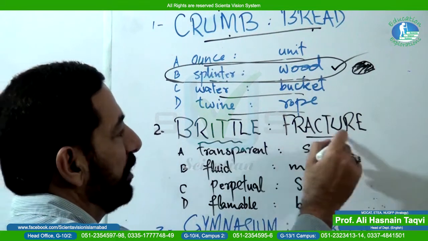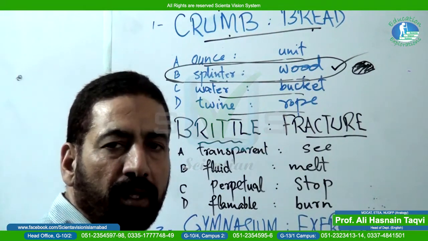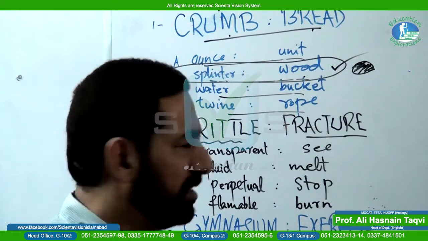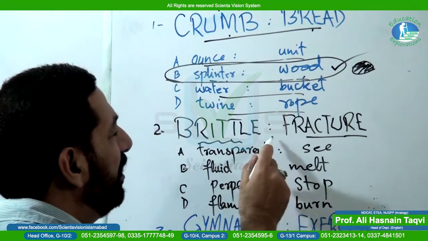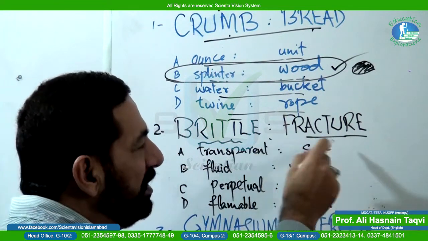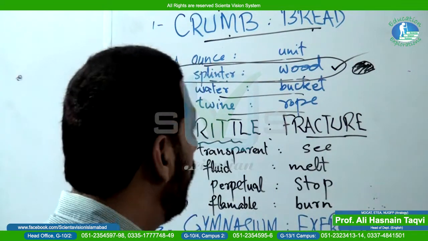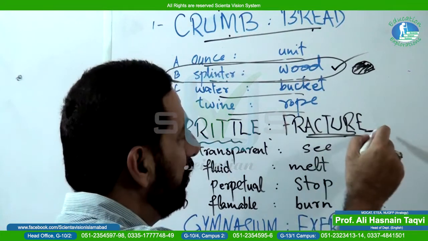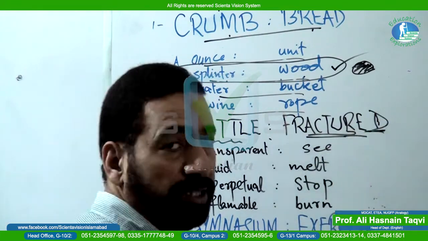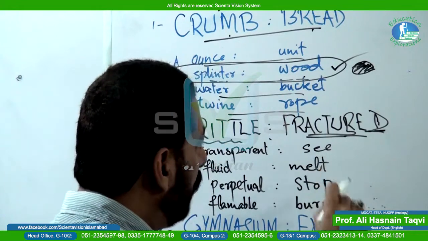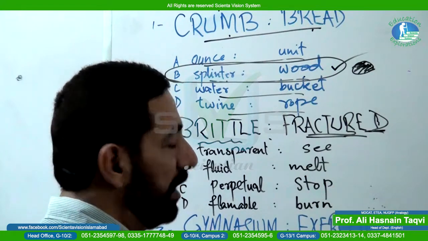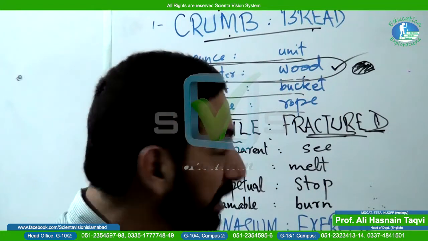Seeing the second combination, brittle, fracture. It is very important that you put the two together through a brief sentence. For example, brittle is easily fractured. When you change the form here, the word was fracture, whereas what we said was fractured. Now you have to add that participle form with all verbs here. And then again you have to see the parts of speech as well.